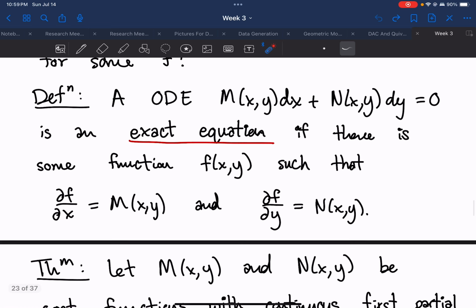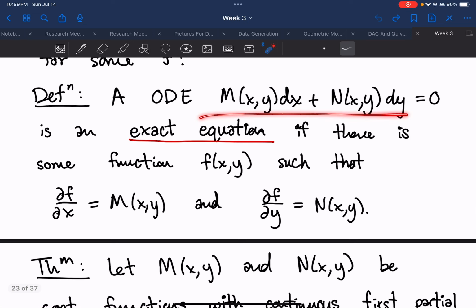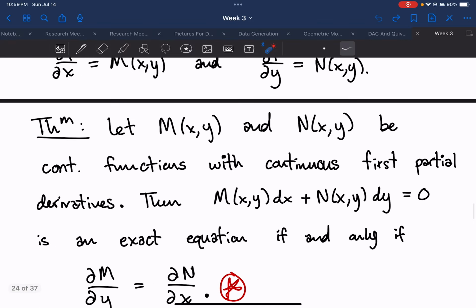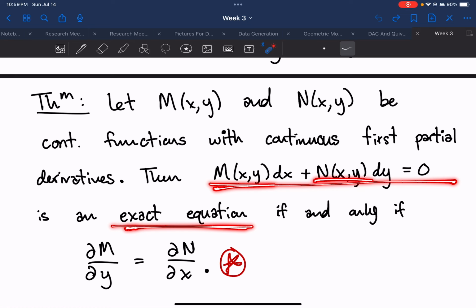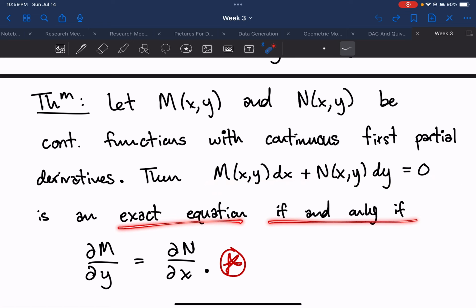Okay, that's great. But how do we actually solve these things? How do we actually find this function f? Well, let M and N be continuous functions with continuous first partial derivatives. Then this is an exact equation, which means there is some f such that M is the derivative of f with respect to x and N is the derivative of f with respect to y, if and only if the cross partials are equal.